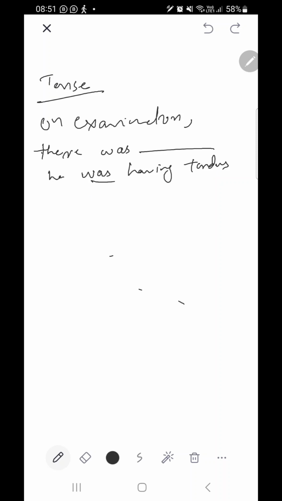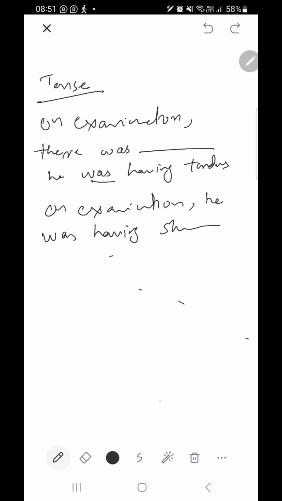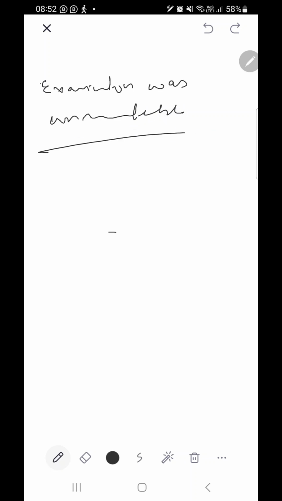Or on examination, he was having shortness of breath, let's say. So these are a few examples that you can use, or simply we normally use examination was unremarkable, right? You can use this line.